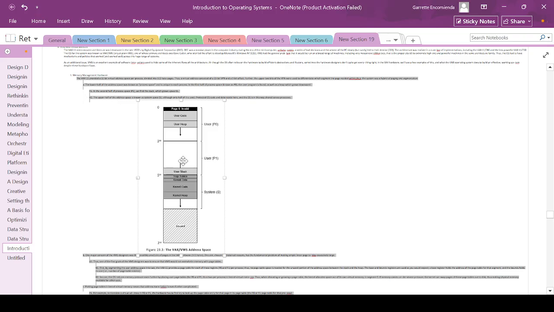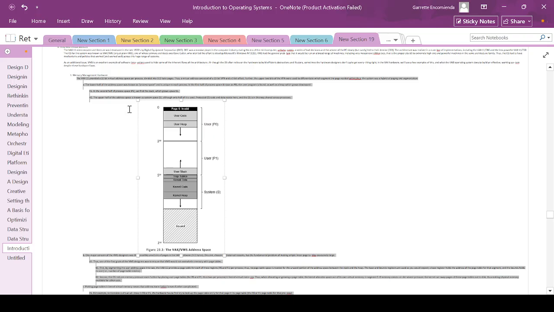Again, in the second half of the process space, we have the stack, which grows upward.